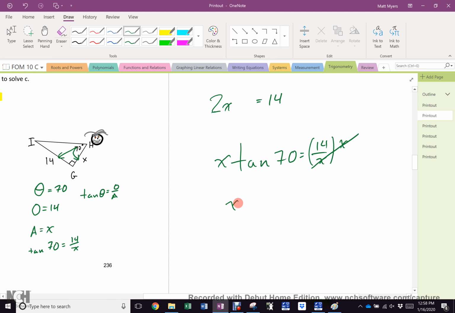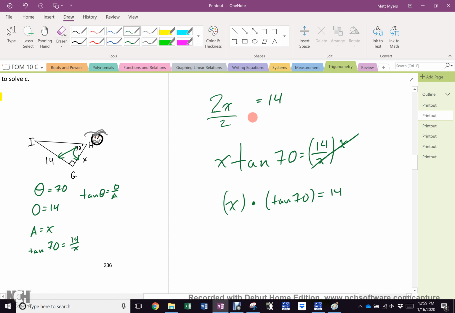Now I have x times tan 70 equals 14. Right? Just like up here, yes? How do I get rid of this 2? Grade 10. You need to be able to solve a one-step equation. How do I get rid of this 2?